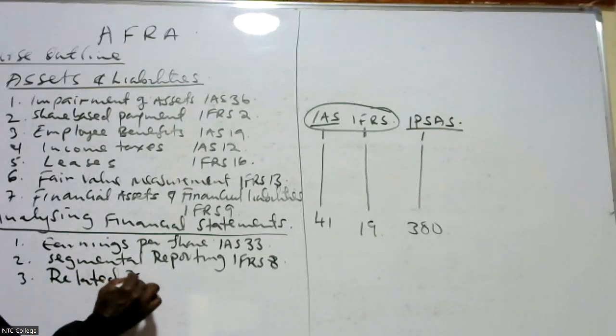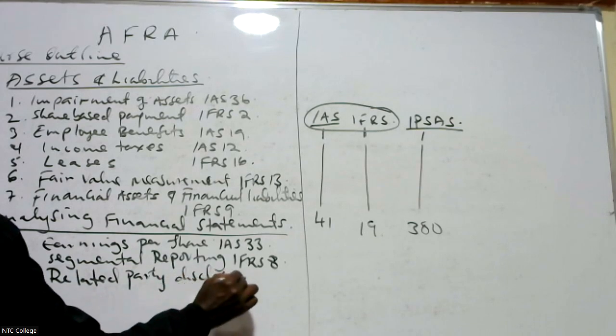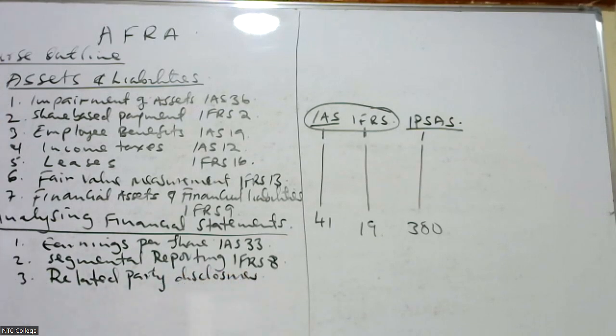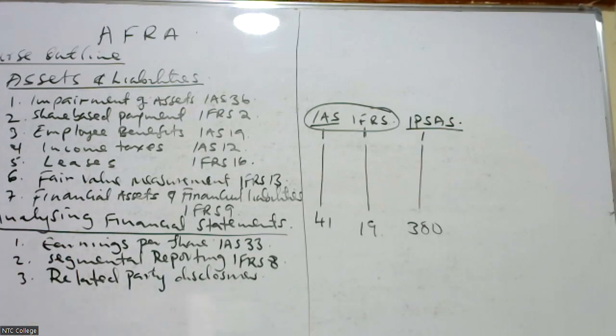Related party disclosures. When we talk of related party disclosures, this is where, for example, you are the CEO of the company and you are transacting with your relatives or your partners in that business.